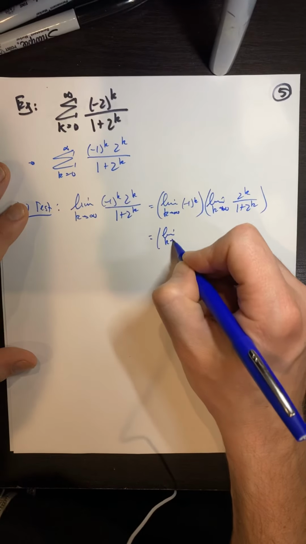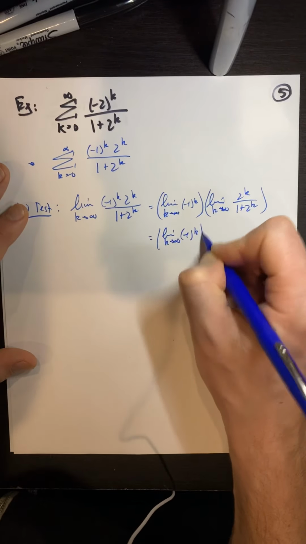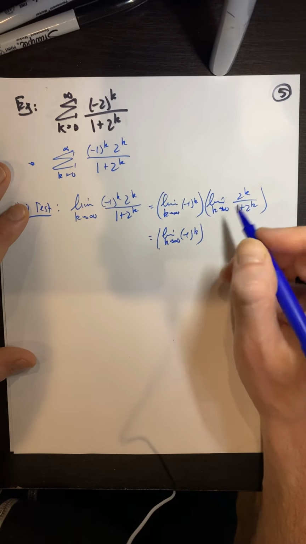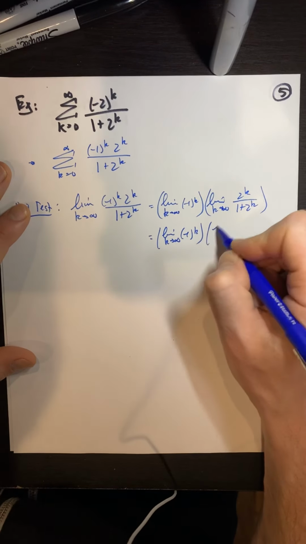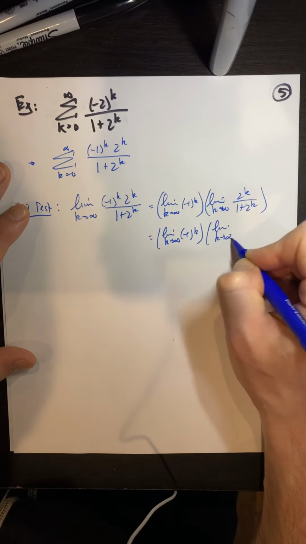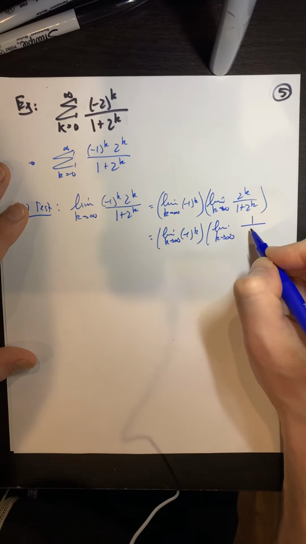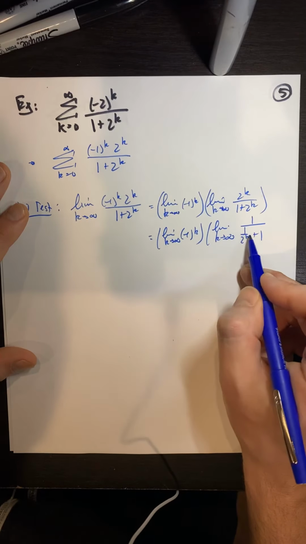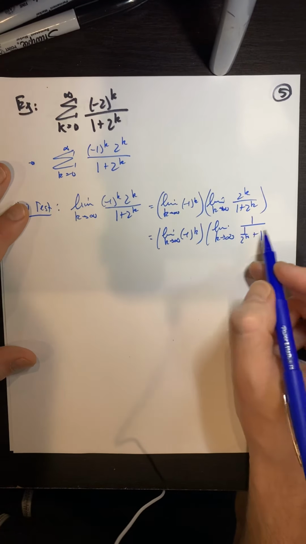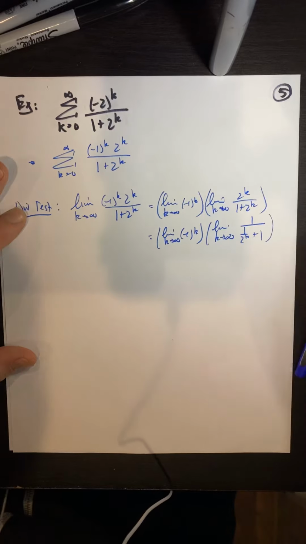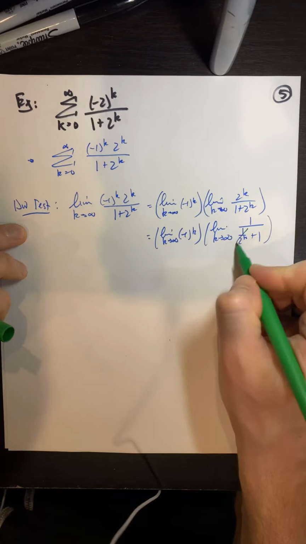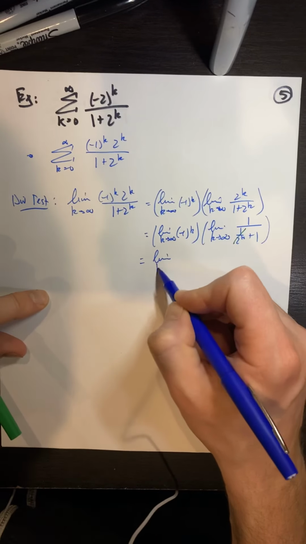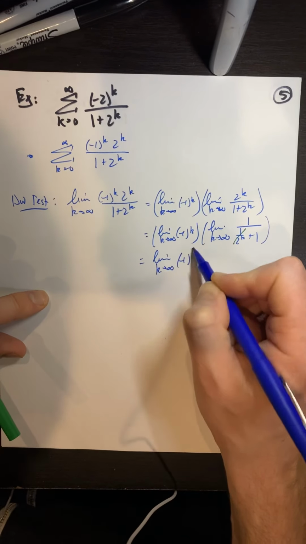So what do I get here? Well, in the top I have a dominating 2 to the k. In the bottom I also have 2 to the k. So I'm going to divide everything by that. If I divide everything by 2 to the k, I would get 1 over 1 over 2 to the k plus 1. So as k goes to infinity, we see this little term right here goes to 0. And so I would be left with the limit as k goes to infinity of negative 1 to the k.